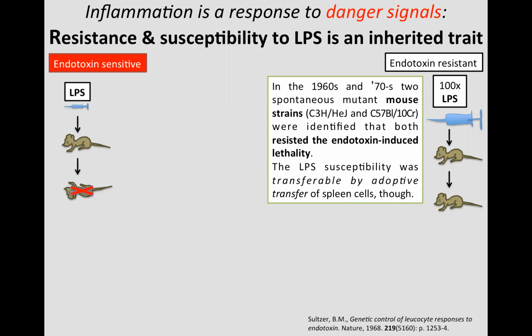Certain mice were recognized in the late 60s and early 70s, and they were resistant to endotoxin. So when they applied even 100 times higher concentration of LPS, they could easily survive.